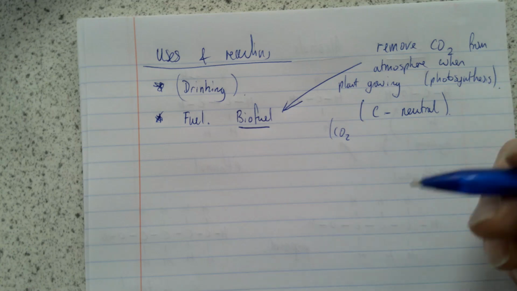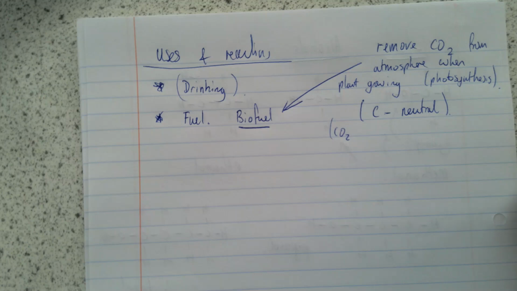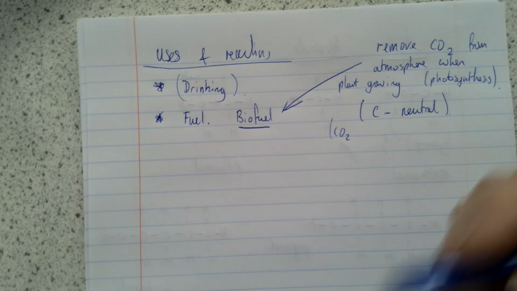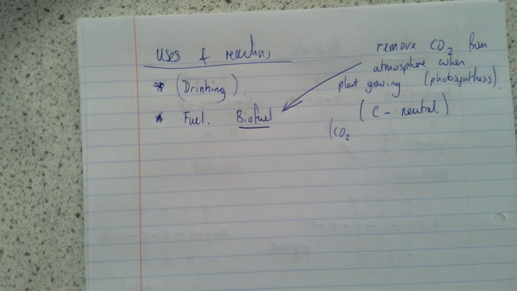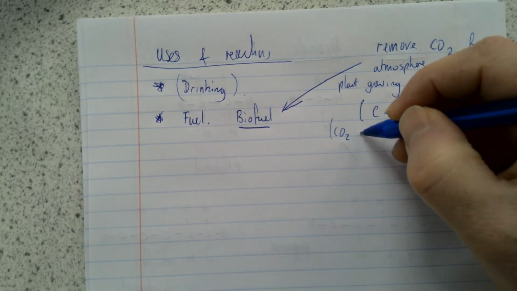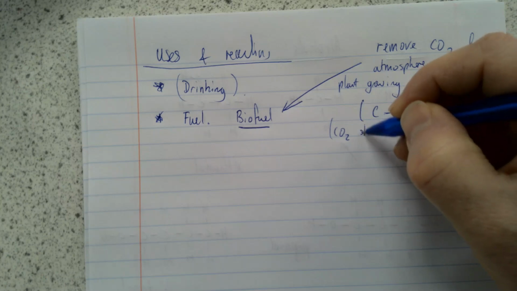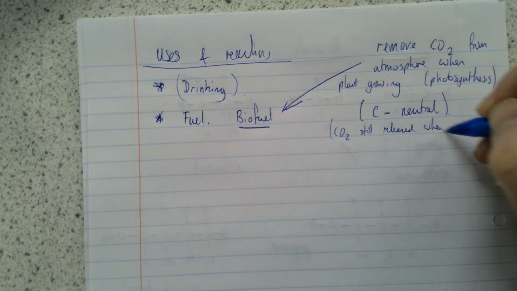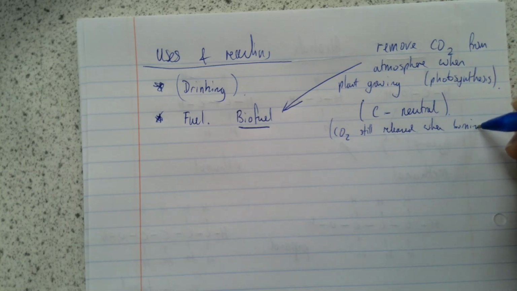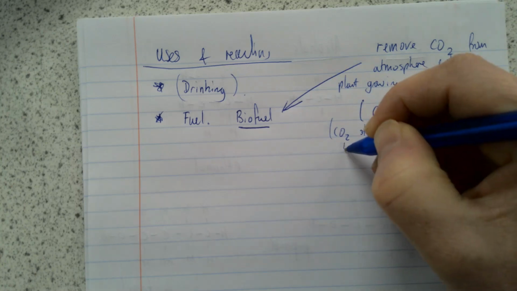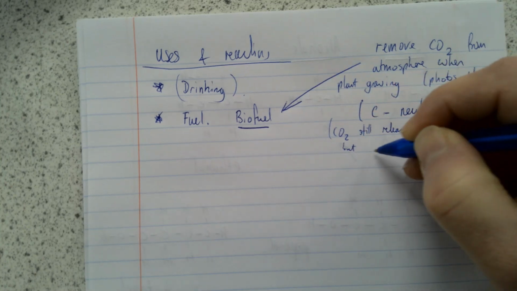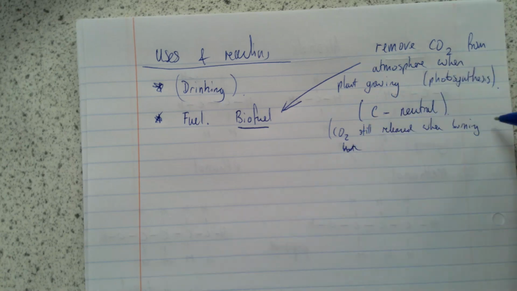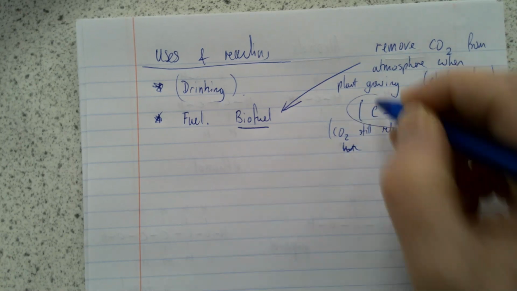You burn ethanol, you get carbon dioxide and water like any other organic molecule, but it's just that carbon dioxide is removed from the atmosphere when the plant's growing, so CO2 still released when burning, but removed during growing. So it's carbon neutral. That's the idea. That's the important point.